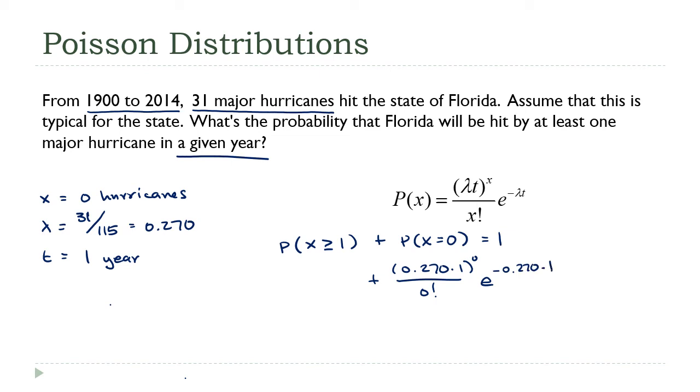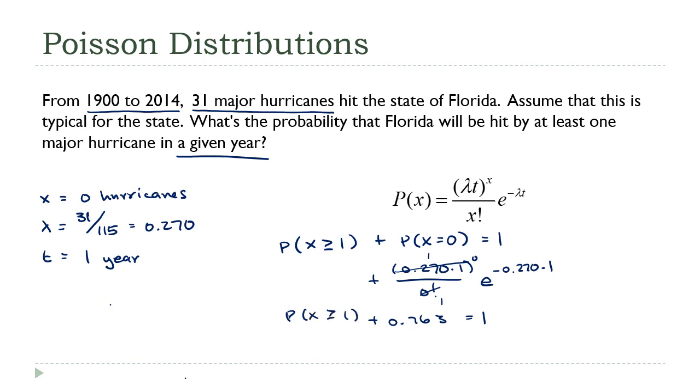Anything to the 0 power is 1. 0 factorial is 1. So that whole first big expression just disappeared, and all we're left with is the e part. So that comes out to, according to my calculator, 0.763.